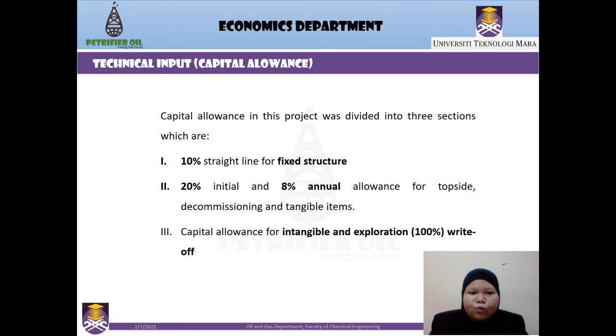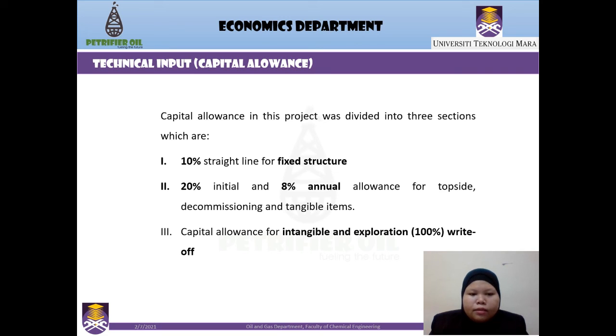Moving on to the next technical input, which is the capital allowance. The capital allowance in this project was divided into three sections: 10% straight line for fixed structure, 20% initial and 8% annual allowance for topside, decommissioning, and tangible items.